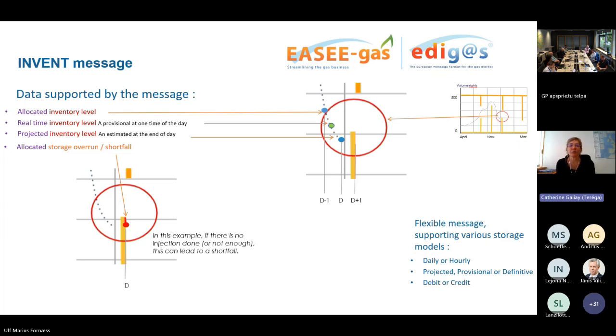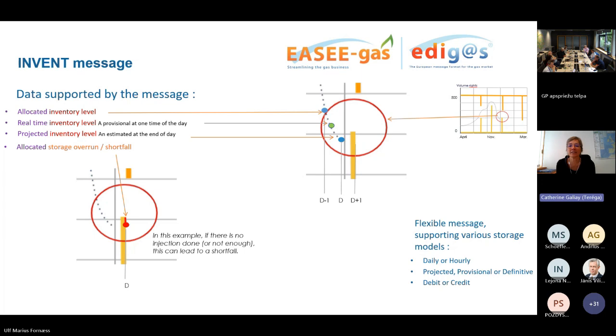If we zoom on the storage curve on my slide, we can see 3 points, blue, green, blue, illustrating the storage level evolution for the 2 gas days, day -1 and within day. The first point is the allocated inventory level for the day before at the end of the gas day.